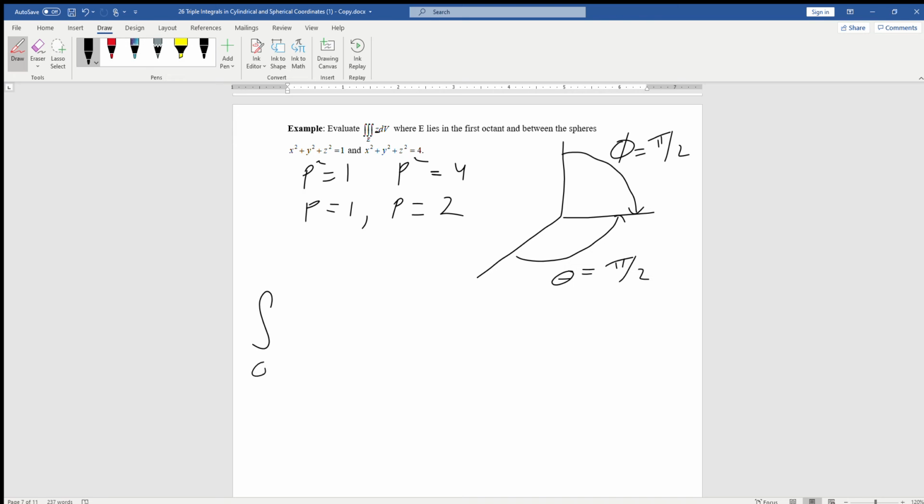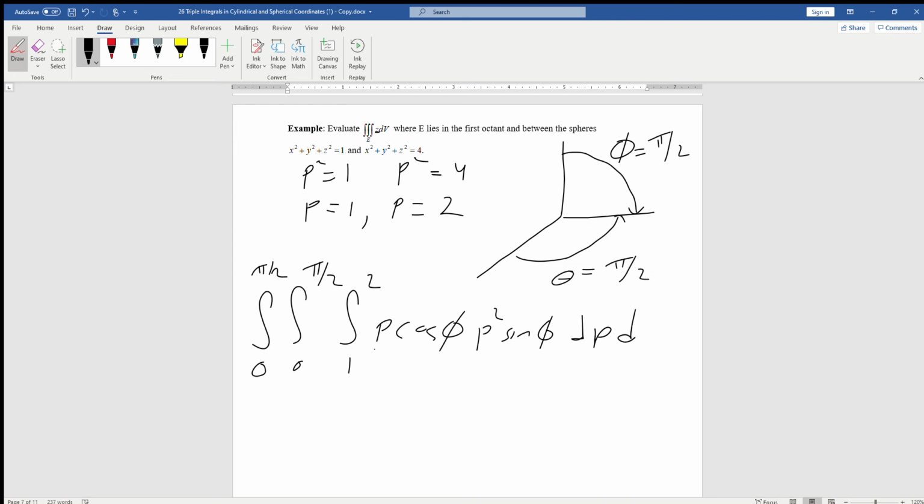We have 0 to pi halves, 0 to pi halves, okay, first octant, 1 to 2, and then z, remember, is rho cos phi. Then we have our multiplier, rho squared sine phi. And then we have d rho, d theta, d phi.